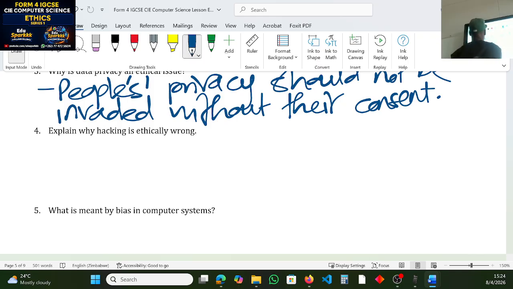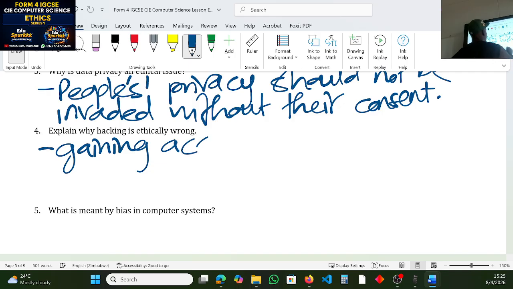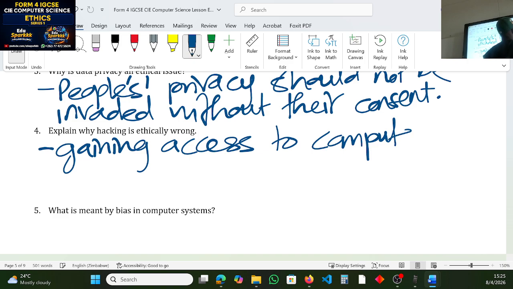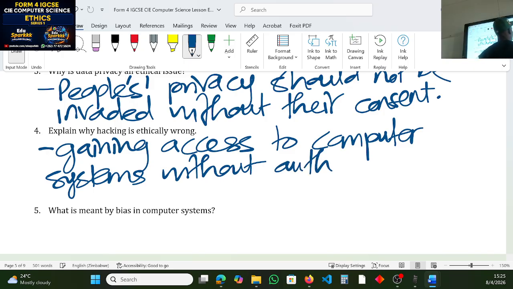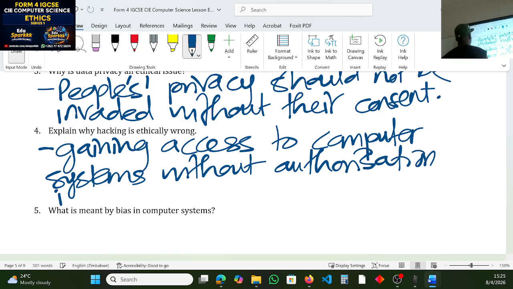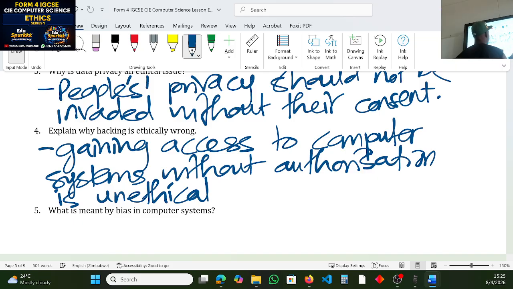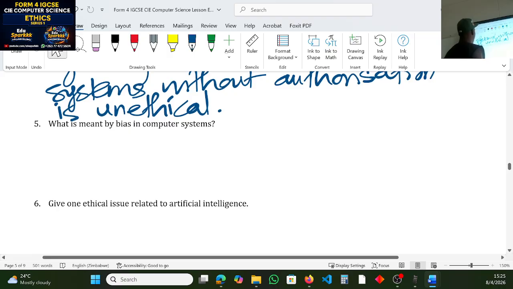So here we are saying gaining access to computer systems without authorization is unethical. So when you hack, you are gaining access which you do not have permission for.